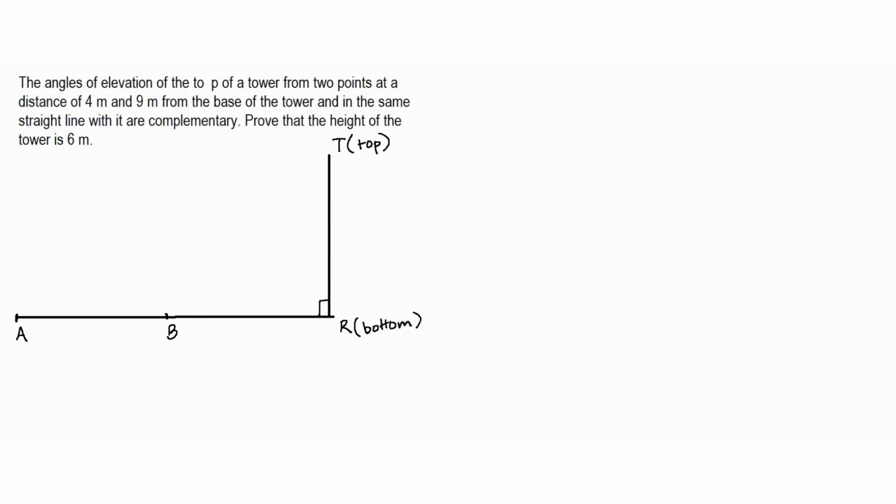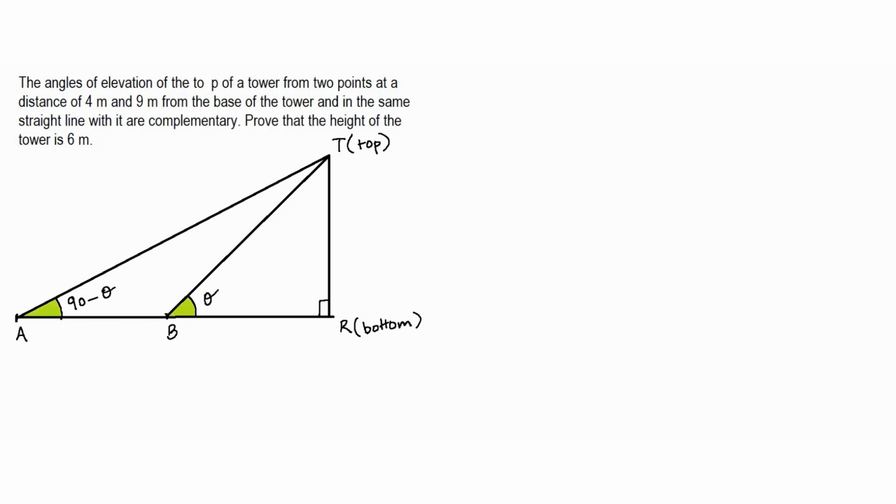The angle of elevation of the top of the tower from these 2 points is found to be complementary. Complementary means these 2 angles are basically complementary angles. So if I consider one angle as theta, then the other angle can be considered as 90 minus theta.